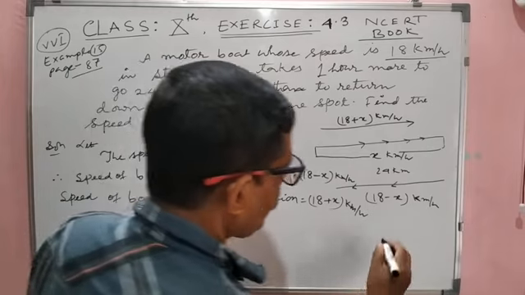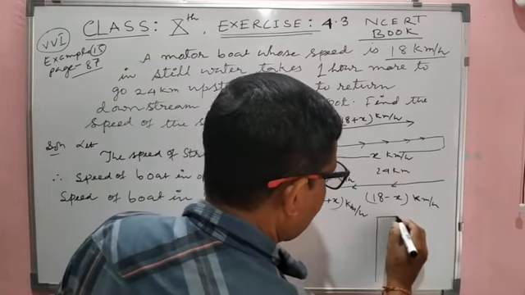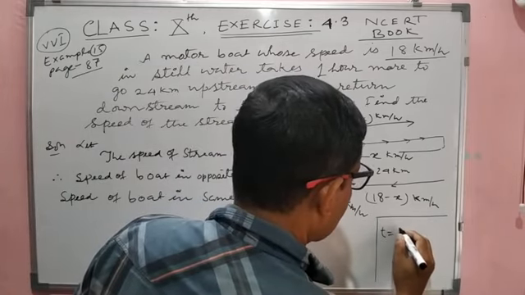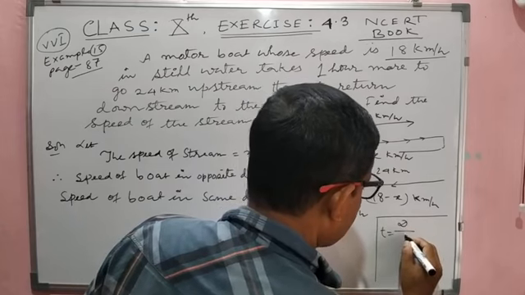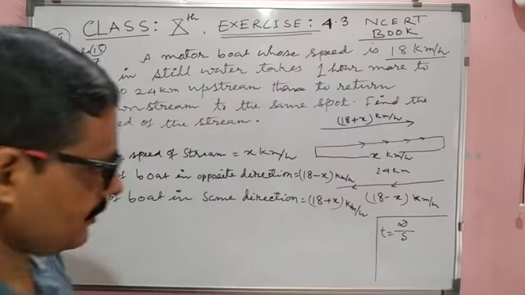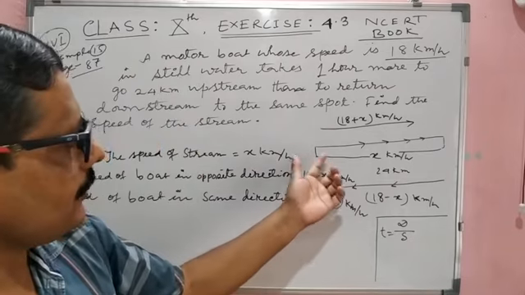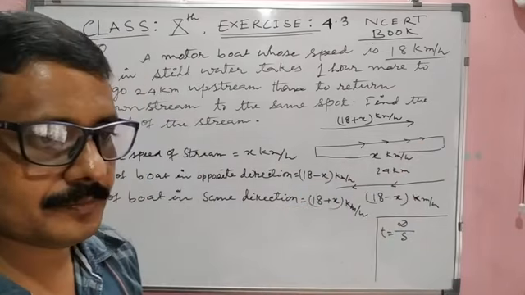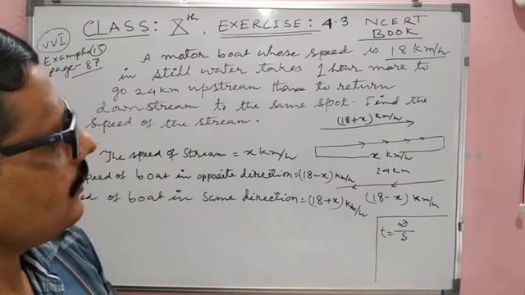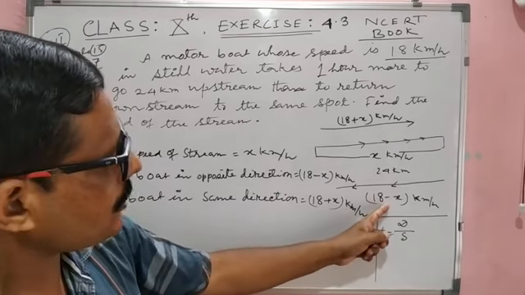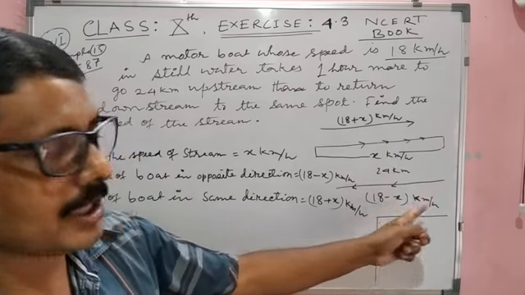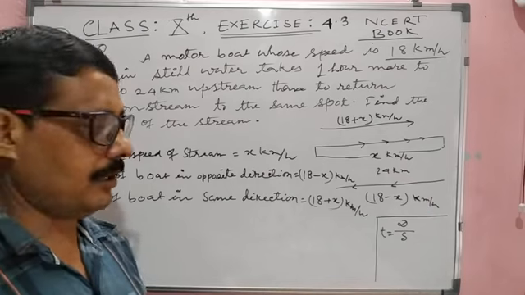Now we know, as I told you earlier, time equals distance by speed. Now distance is 24 kilometer and speed in opposite direction is 18 minus x kilometer per hour.